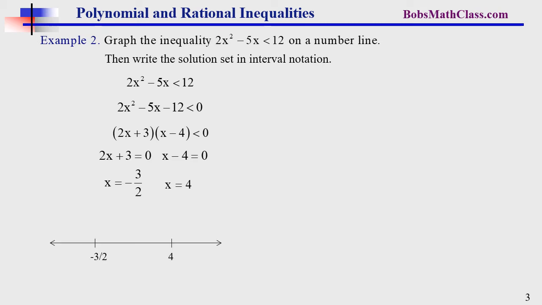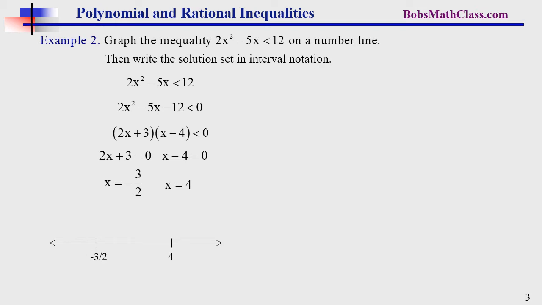Okay, those two numbers are written on a number line with 2 tick marks. Try to space them away. Then pick test values in each region. -3/2 is the same as -1 1/2.